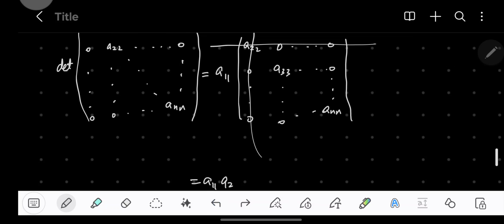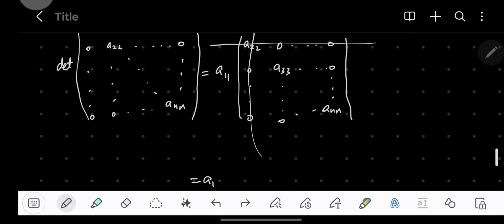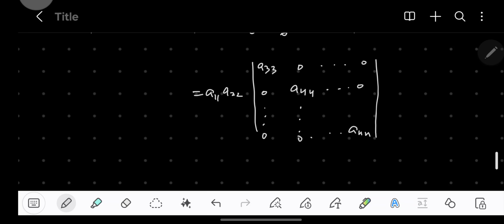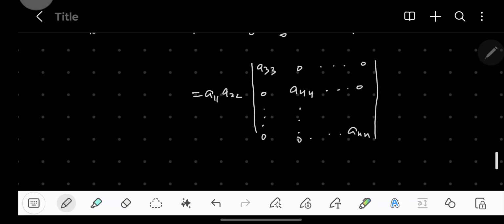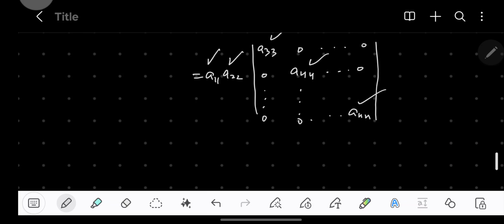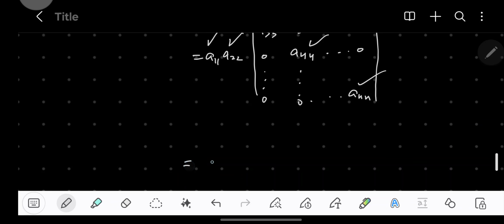How to write the determinant of this submatrix? In this way. And similarly, you will carry on this process: A11, A22, and then you will get A33, and then A44, and then ANN. What does that mean? A11, A22, A33, up to ANN. So these are all the diagonal entries.